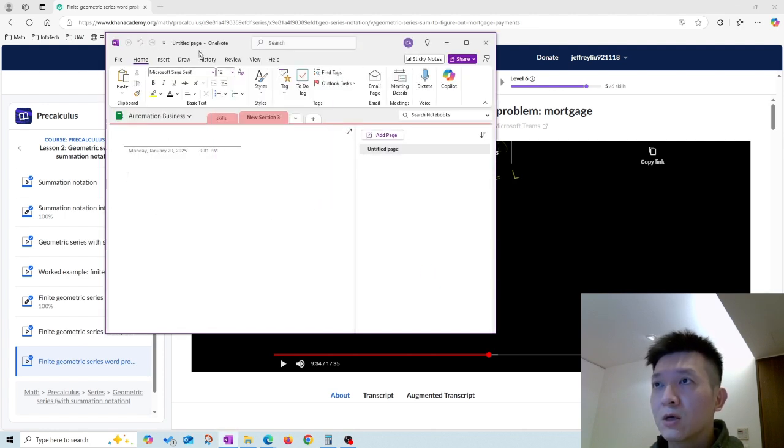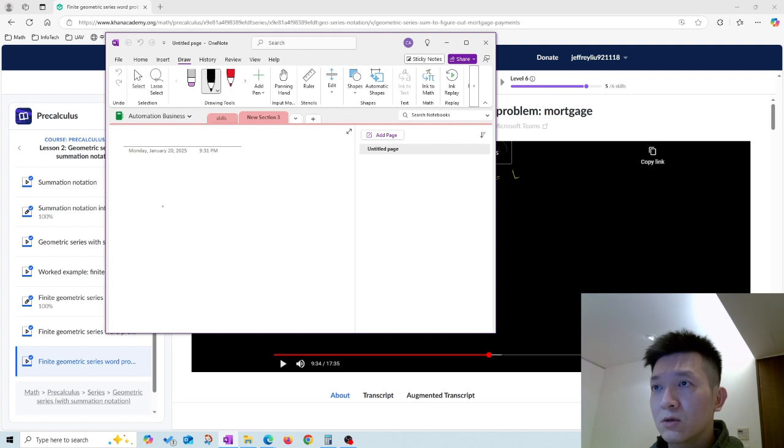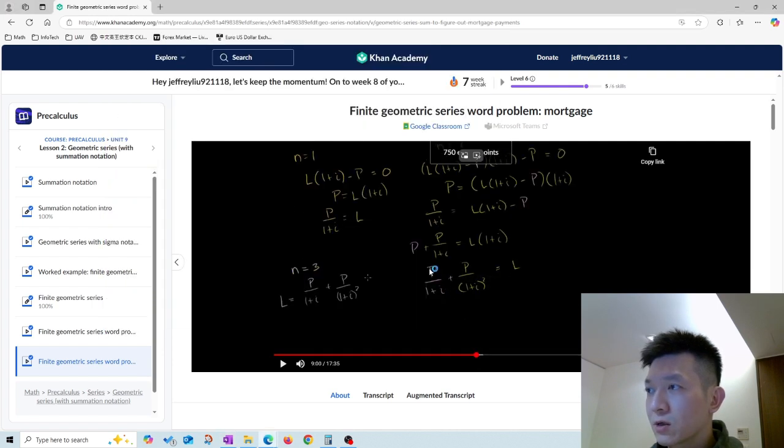Okay, so your A1, as you can see here, is this term right here, P divided by 1 plus i, which is 1.005. That's your first term.